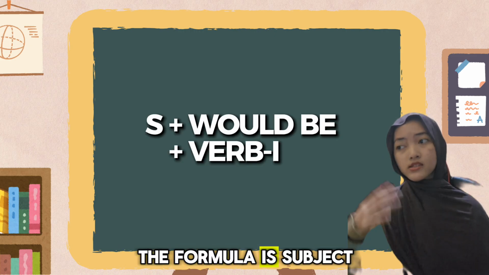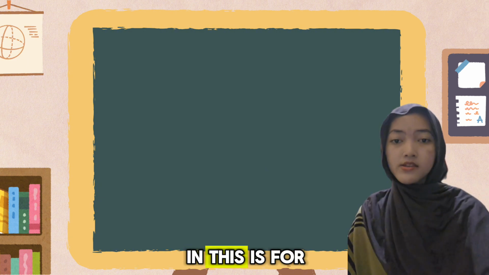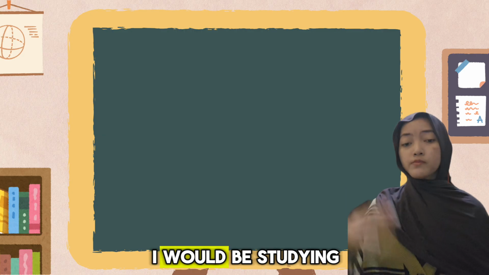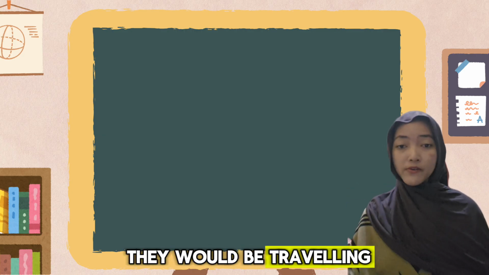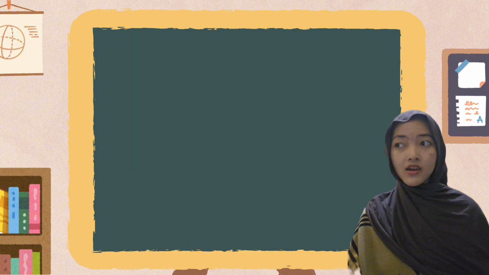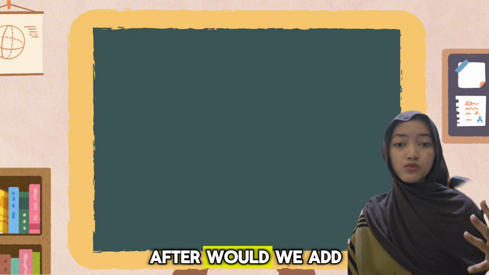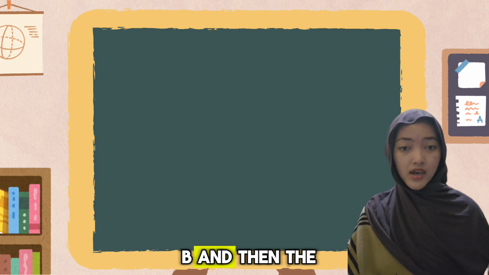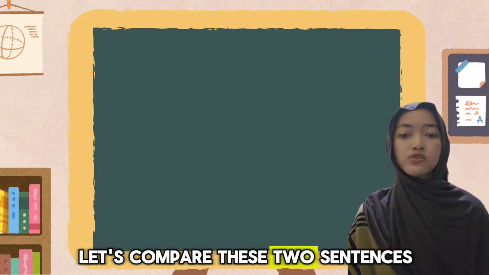The formula is subject, would be, and then verb ing. These are some examples: I would be studying, she would be working, they would be traveling. Did you notice that after would, we add be and then the verb ends with ing? Let's compare these two sentences.